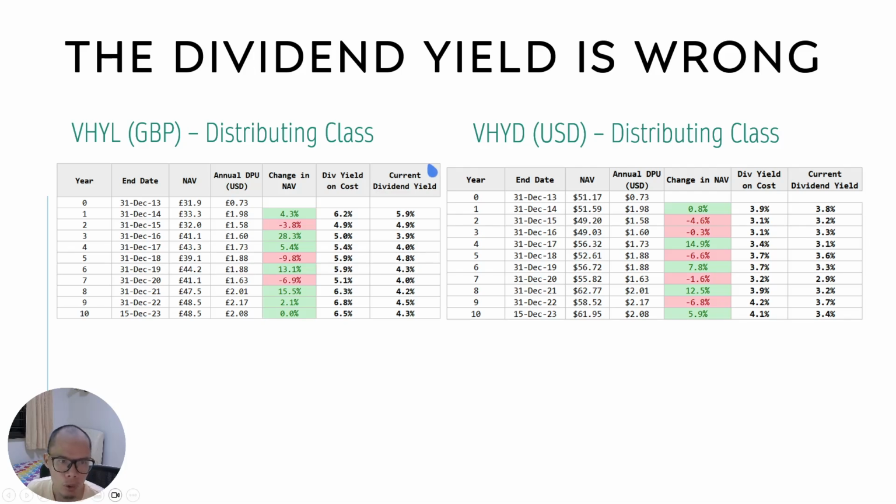If you look at the VHYD, the price is in USD, and if you take the dividend per unit divided by this one, you will get the current yield, which is much lower than this 5.9%. It's 4.9%, 3.8%, 3.2%. So I think I made a mistake over here.